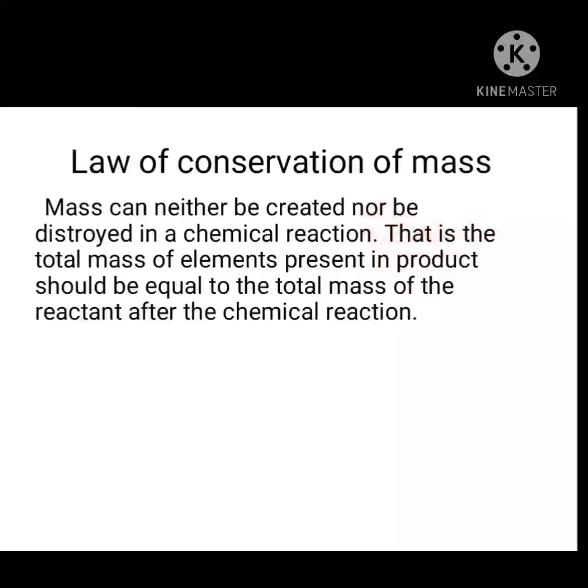That is, the total mass of elements present in the product should be equal to the total mass of the reactants after the chemical reaction. That means the number of atoms of each element on the right and left hand side must be equal.